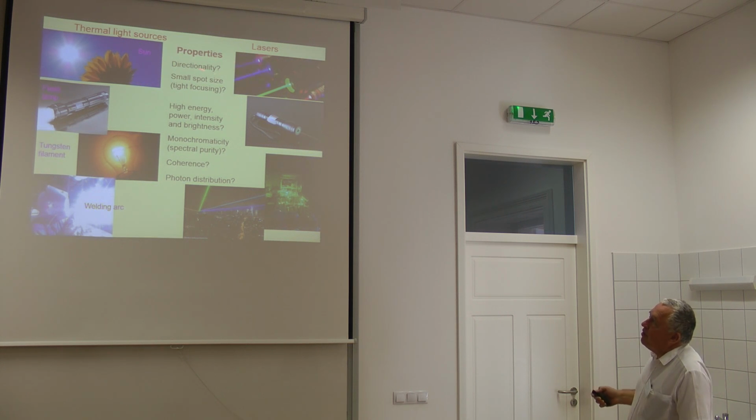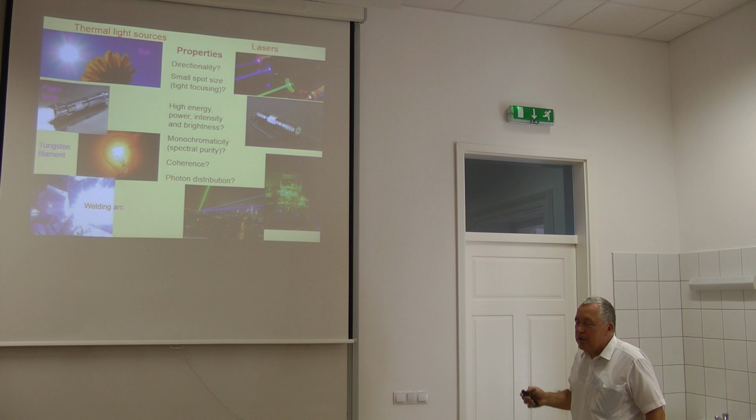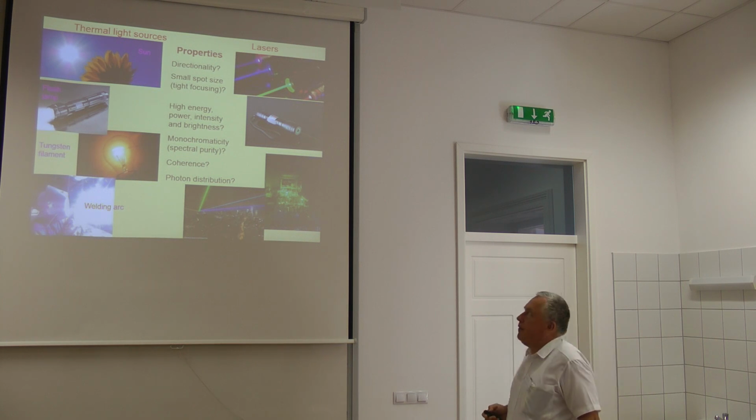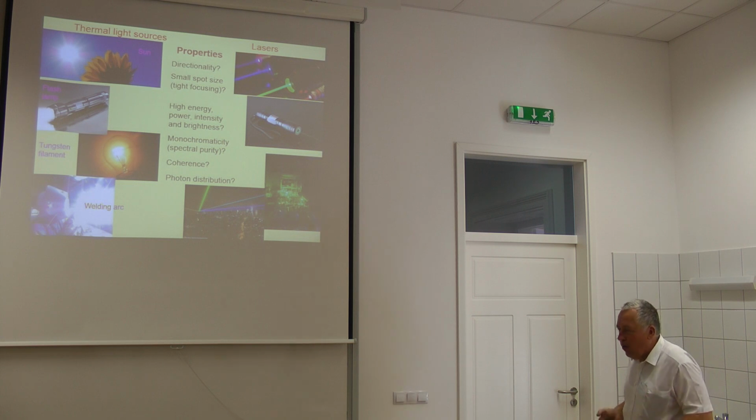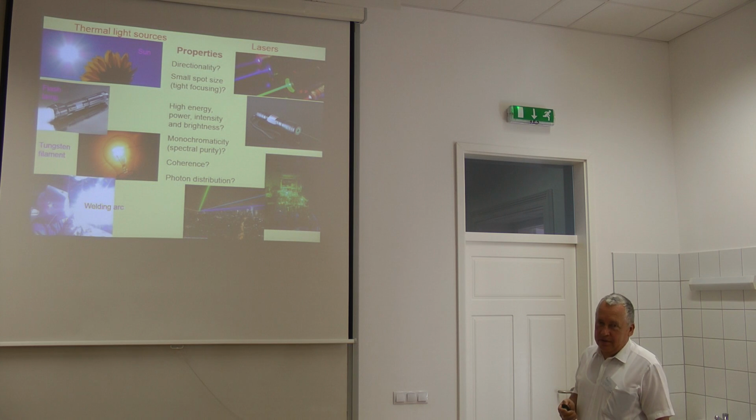And the properties which we consider here are directionality, small spot size, high energy, monochromaticity, coherence, photon distribution. These are all the possible properties, and the question which I should like to pose in this lecture is: which properties are the essential properties?